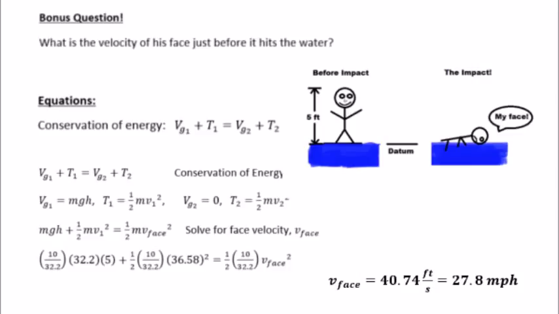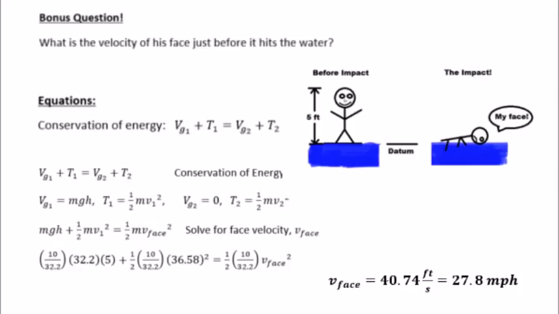T1 plus Vg1 plus Ve1 plus the non-conservative work from 1 to 2 is equal to T face plus Vg2 plus Ve2, where T1 is the kinetic energy of the wakeboarder's face 5 feet from the surface of the water, Vg1 is the gravitational potential energy of the wakeboarder's face at 5 feet, Ve1 is the spring potential energy at 5 feet, T face is the kinetic energy of the wakeboarder's face at impact, Vg2 is the gravitational potential energy at impact, and Ve2 is the spring potential energy at impact.